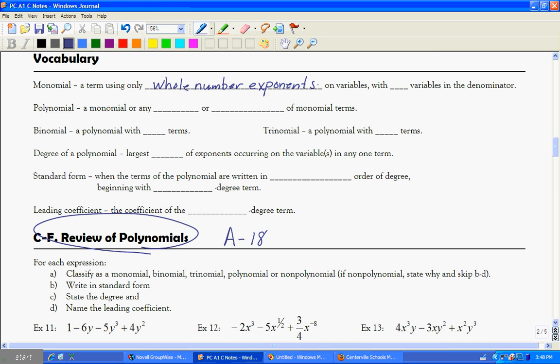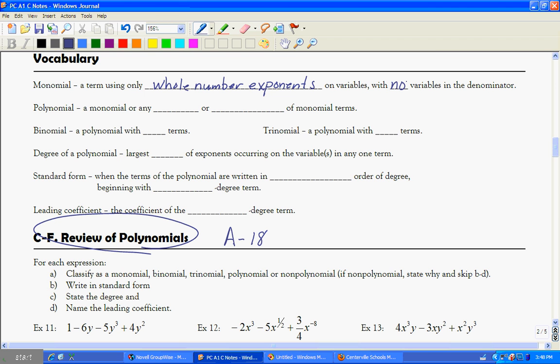That's what you're looking for, whole number exponents on the variables with no variables in the denominator. Okay, expanding from that, a polynomial is a monomial or any sum or difference of monomial terms put together, because poly means many.